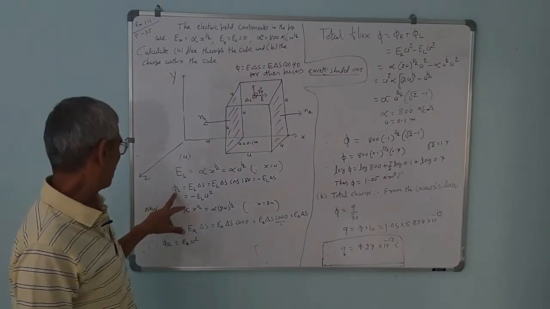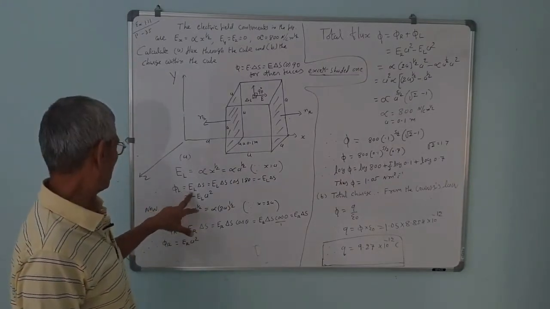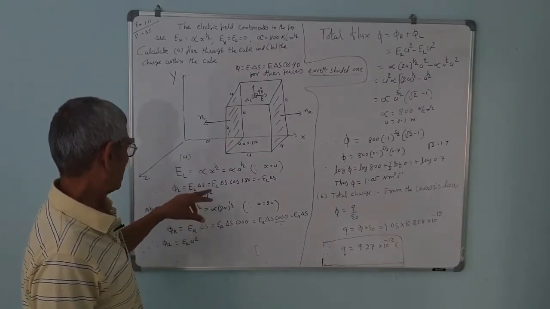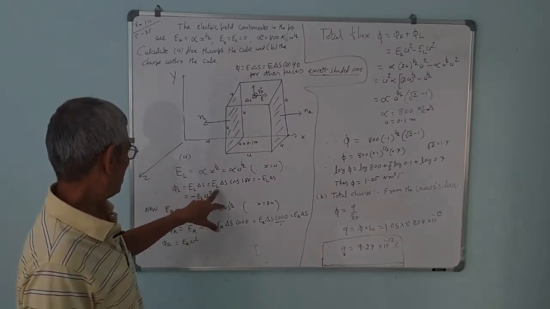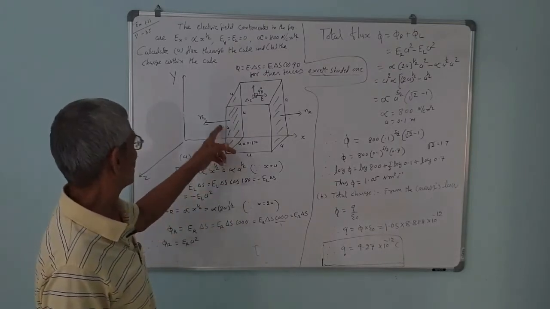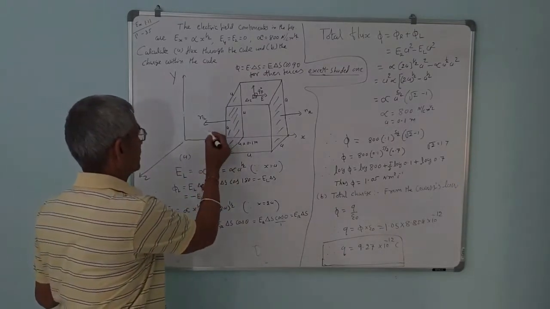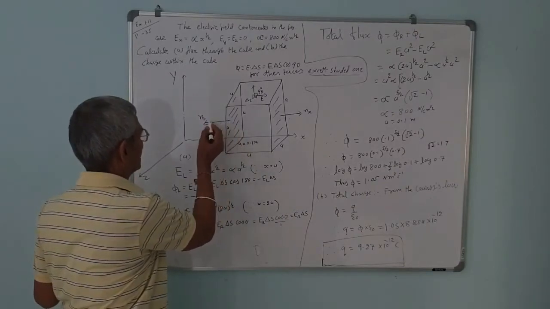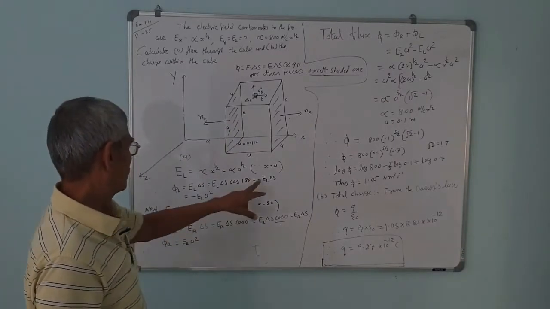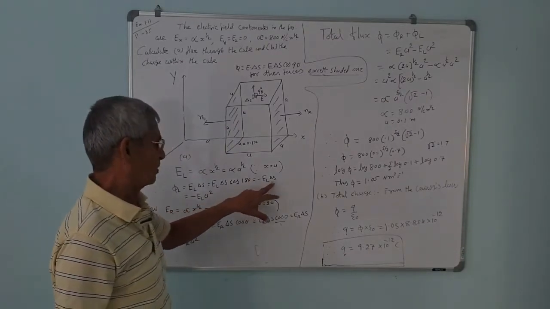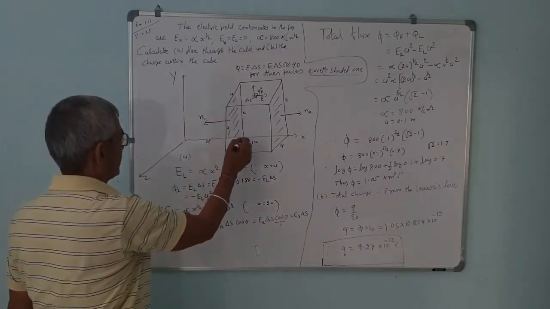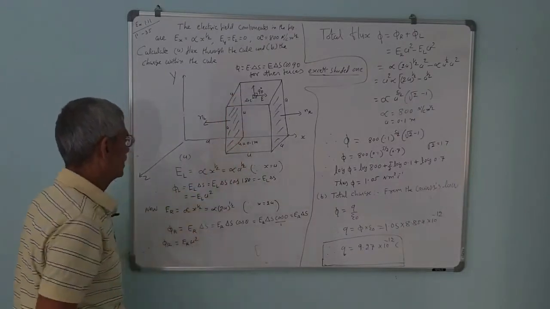Therefore, flux phi is equal to the electric field E left into area delta S cos 180 for this face. The electric field is in this direction and the area vector is in this direction, so the angle between them is 180, which gives a minus sign. So it is minus E left into delta S. Delta S is the area of the face, and each side of the cube is a, so the area of this face is a squared.